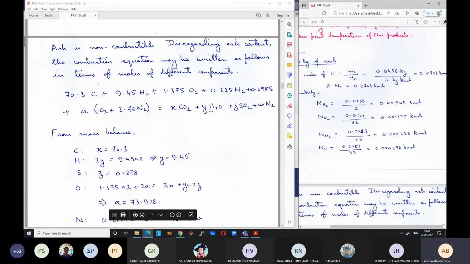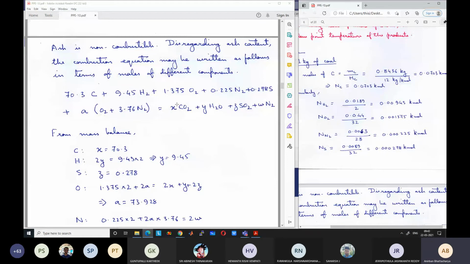We need to find out the values of X, Y, Z, W and A. Again, just by element balance, very trivial, not difficult to do. So from mass balance, we can compare the amount of carbon which is present. On the right hand side, you have X amount of carbon, on the left hand side, 70.3. So X is equal to 70.3.